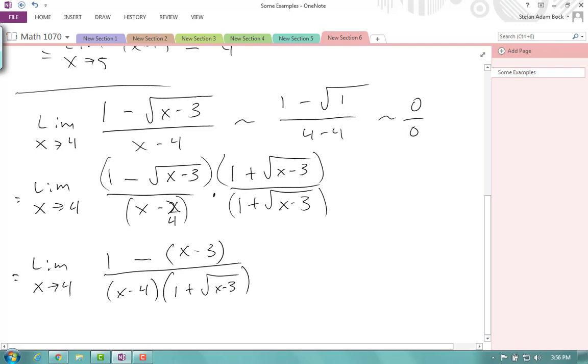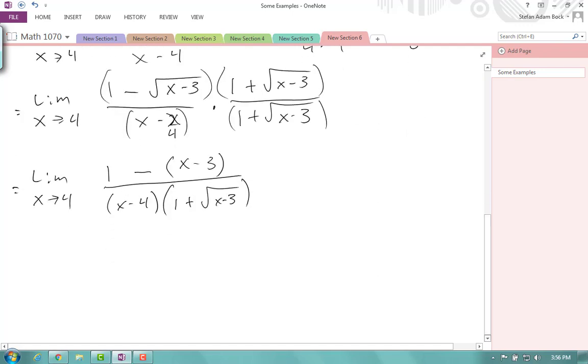I really don't want to deal with multiplying that out, so I won't. But when I simplify this, as x goes to 4, 1 minus x minus 3, so that's minus x, 1 minus minus 3, that's plus 4. There we go.